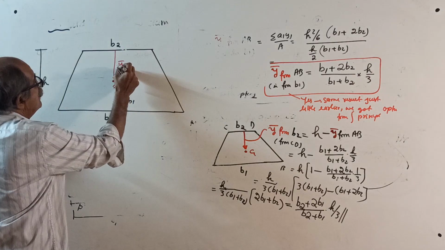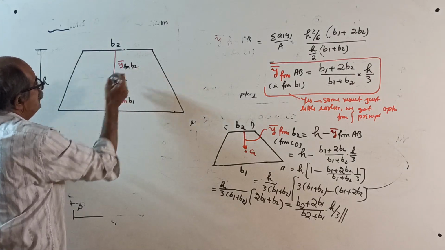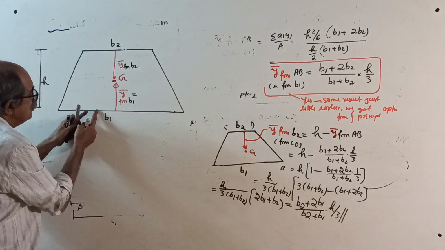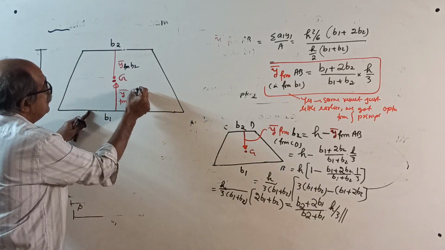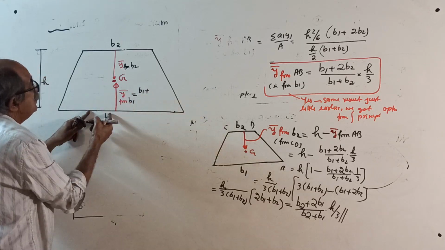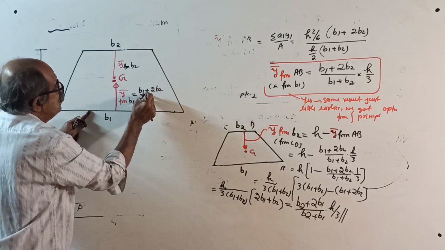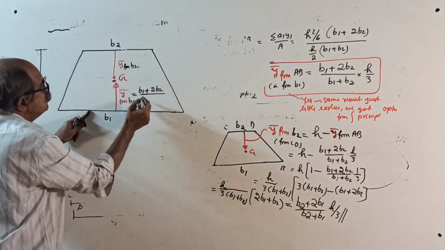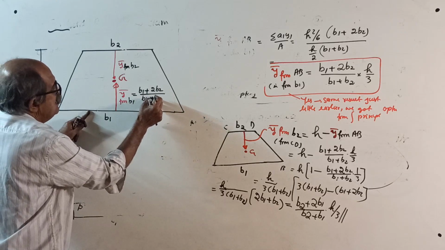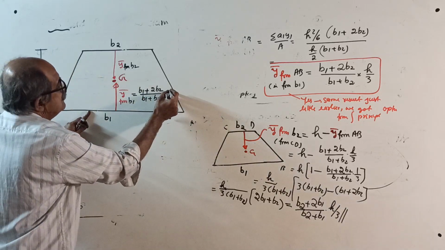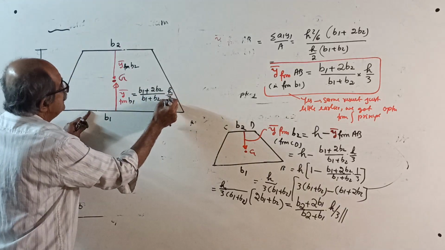Y bar from B1 equals, see, from here you are measuring this side first: B1 plus twice the other side, 2 times B2, divided by the sum of the two sides, B1 plus B2, into the distance between the parallel sides, H divided by 3.